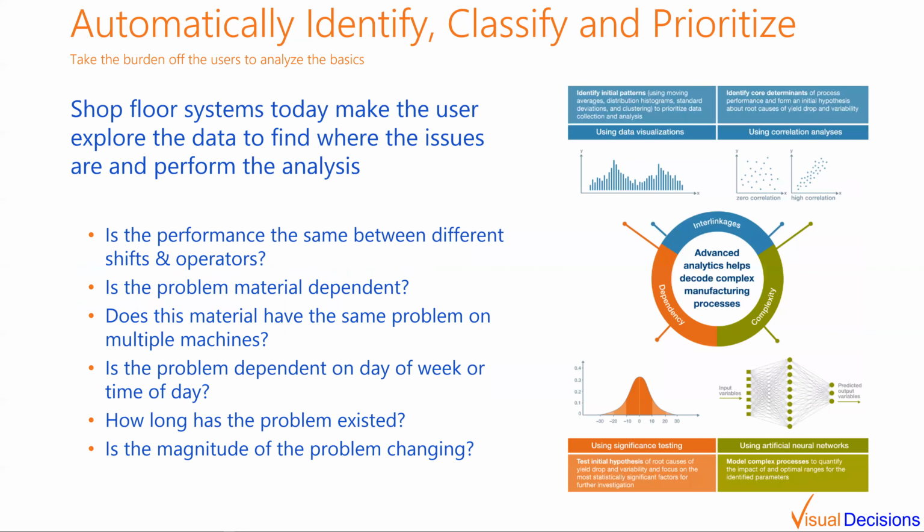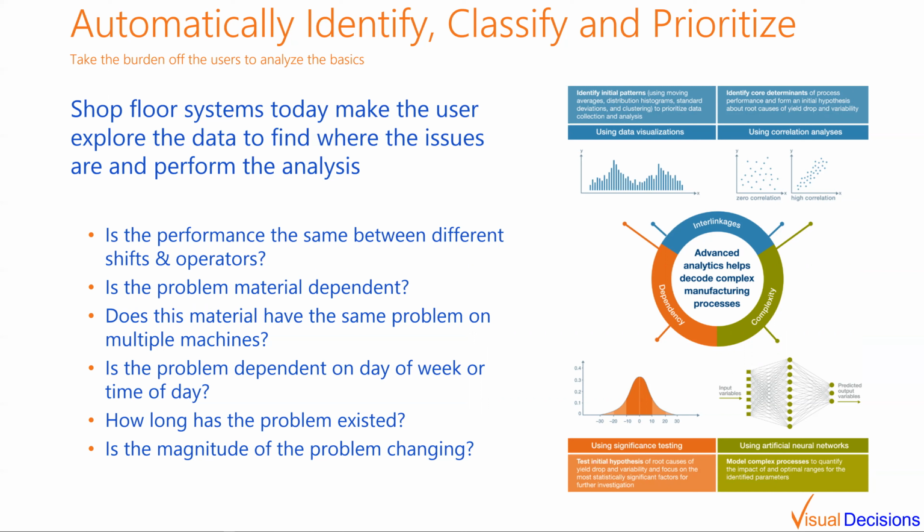And the answer is yes. And as I mentioned previously, there are classifier systems that allow you to automatically group these different things together and help you identify these problems in different categories.